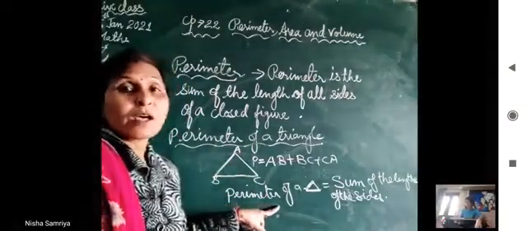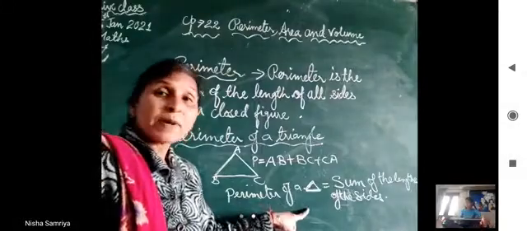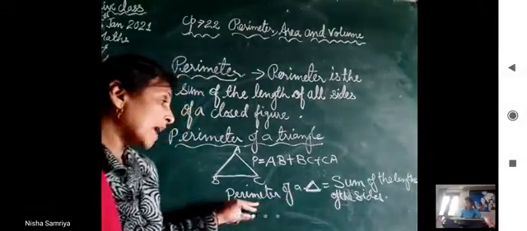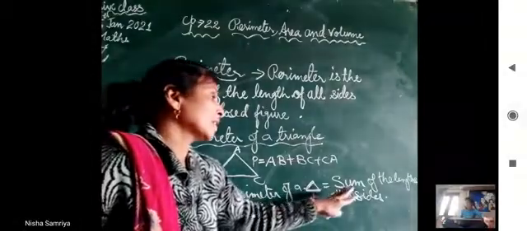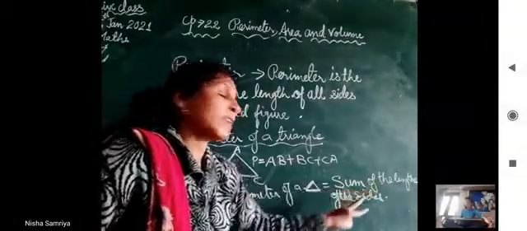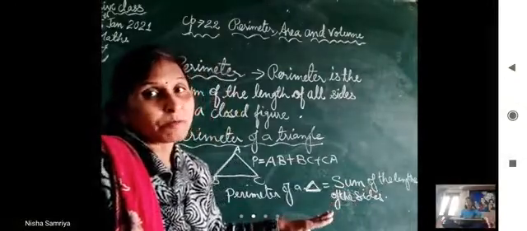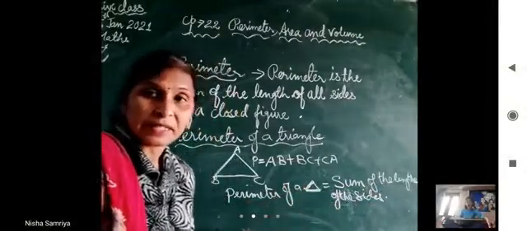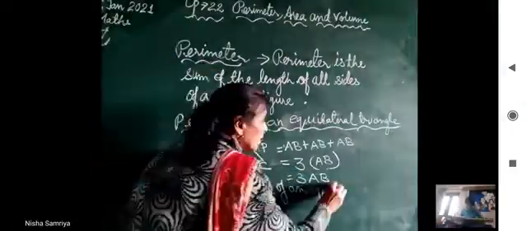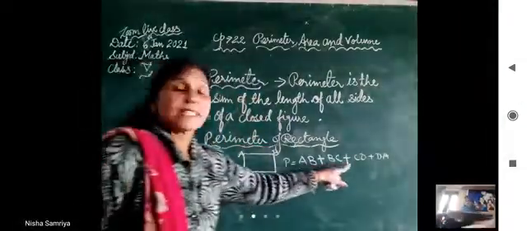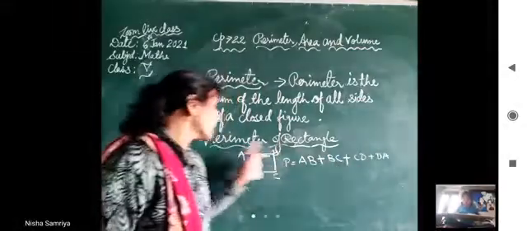Here 4 sides A, B, C and D. Now we write the perimeter of a rectangle, that is AB plus BC plus CD plus DA. 4 sides हैं rectangle की, तो हमने ये 4 sides लिख दी.